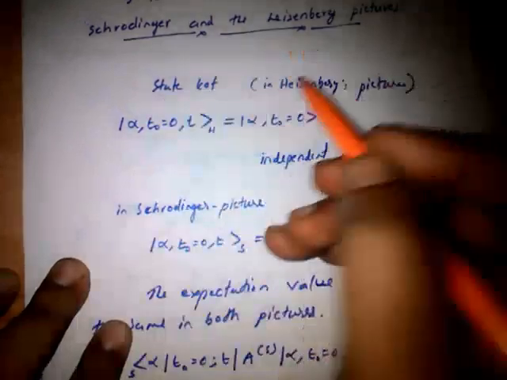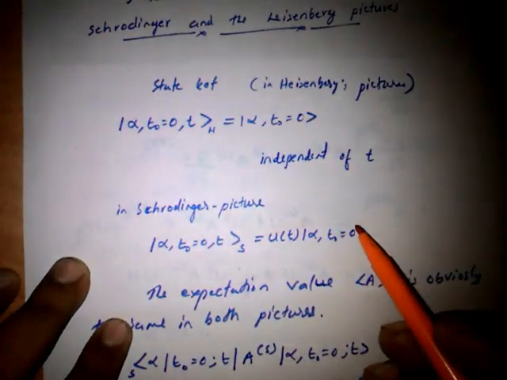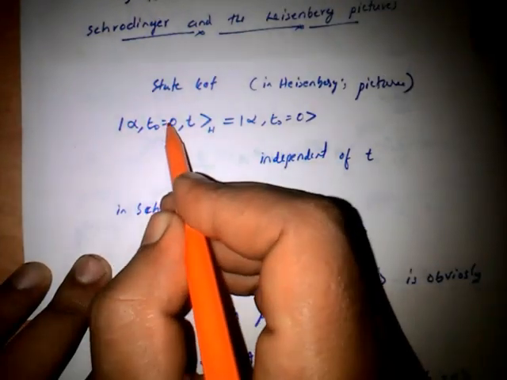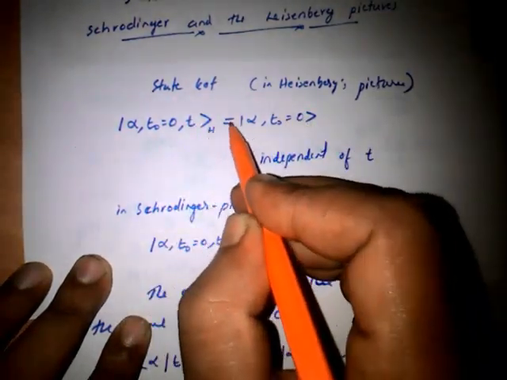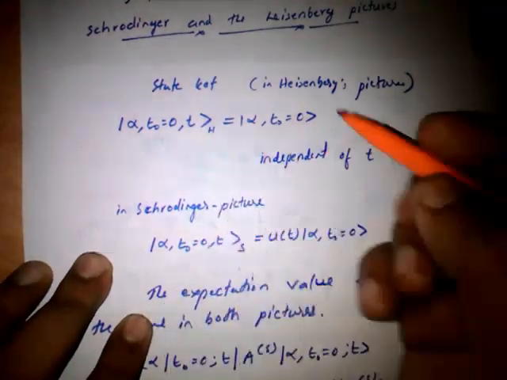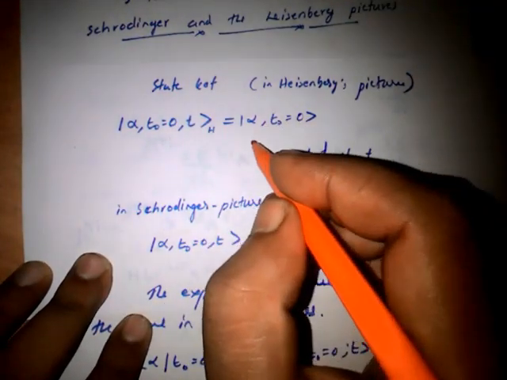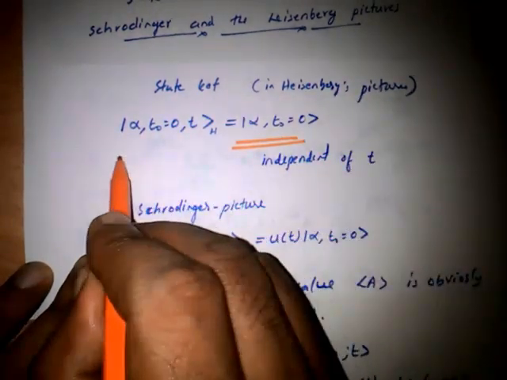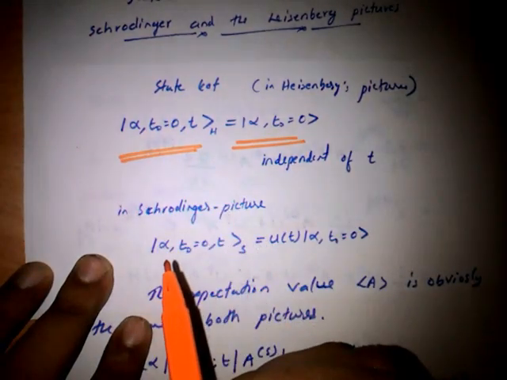And when we are considering the state ket in Heisenberg's picture, alpha, t not equal to 0, t in Heisenberg's picture equals alpha, t not equal to 0, because in Heisenberg's picture only the operator is changing with respect to time, not the state ket. So both will be equal.